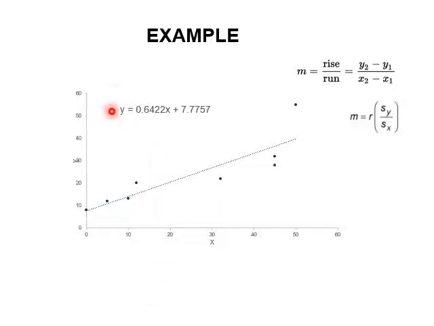So here is an example, and here is the regression line equation. As we know, the intercept is where x is 0, the value of y is the intercept, and here we can see that it is almost equal to 8. So here from software we got the value, it is 7.7757.